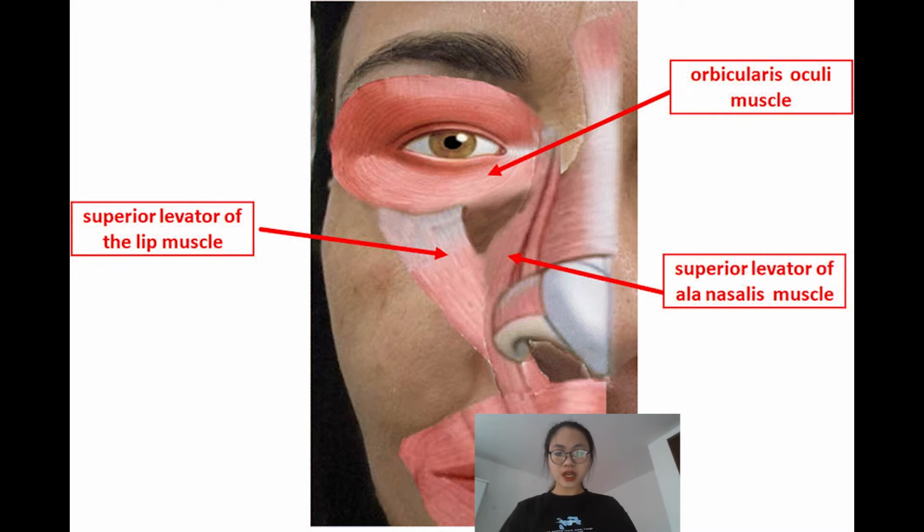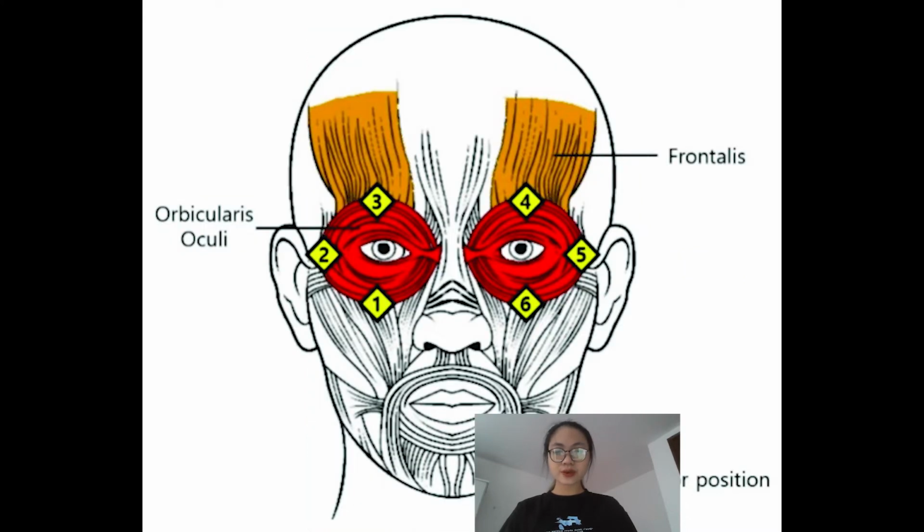The bony structures that make up the eye region are the frontal bone superiorly, nasal bone medially, maxilla anteromedially, and the zygomatic bone makes the inferior and the lateral part of the orbit.